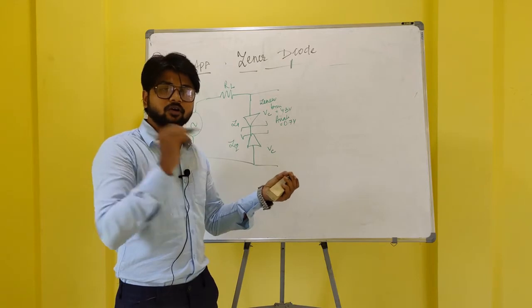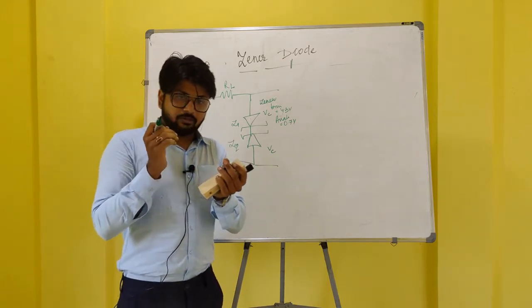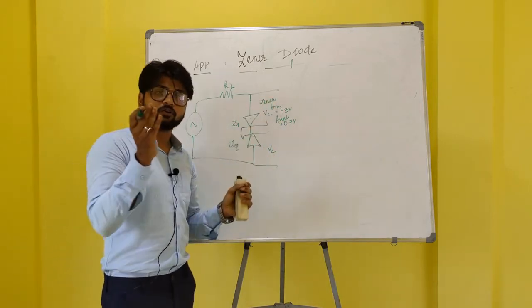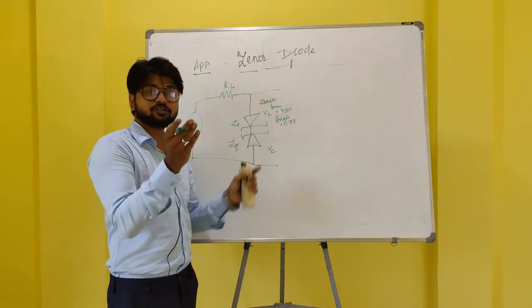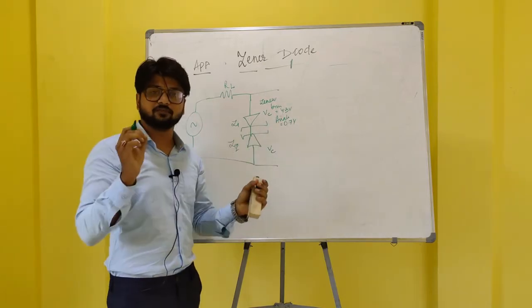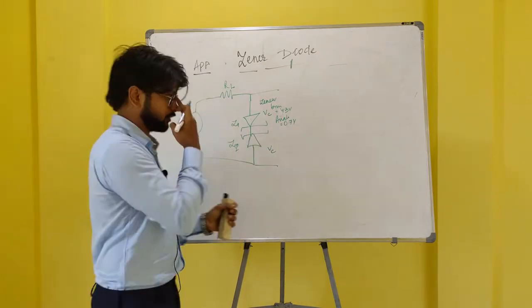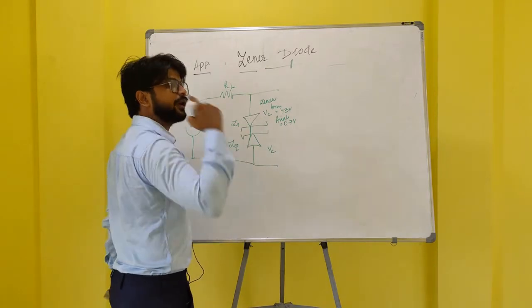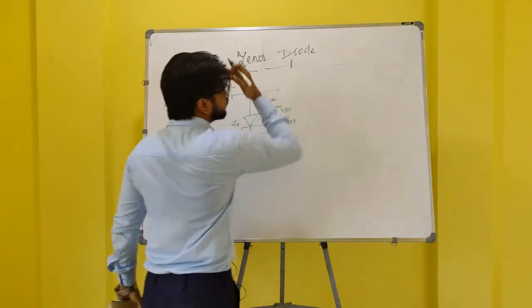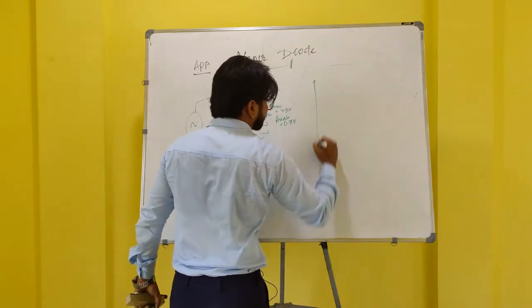The Zener breakdown occurs at 4.3 volts and the avalanche breakdown occurs at 0.7 volts, that is in the forward bias condition. So the avalanche breakdown and the Zener breakdown of these two Zener diodes are equal. Now let us observe its output.